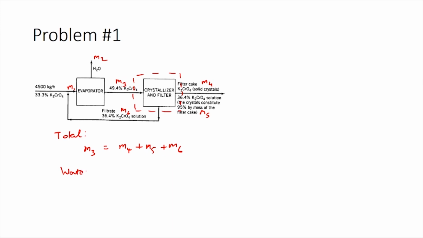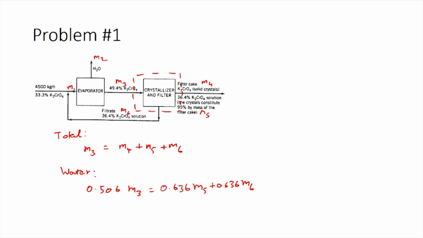So, the water balance would be 0.506 times M3 equals 0.636 times M5 plus 0.636 times M6. We already know the value for M4 and M5. So, using the values we have, we can calculate M3 and M6.